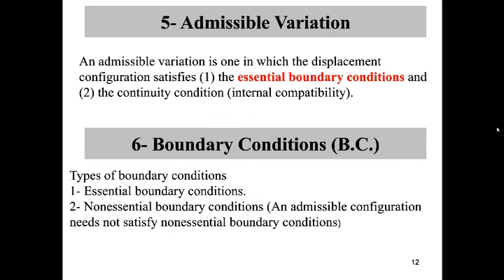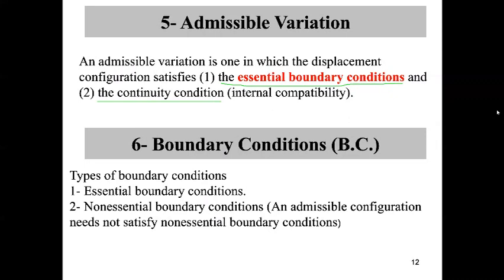Earlier, we came across a phrase, admissible variation. What is admissible variation? An admissible variation is one in which the displacement configuration satisfies 1. The essential boundary conditions, and 2. The continuity condition or internal compatibility.